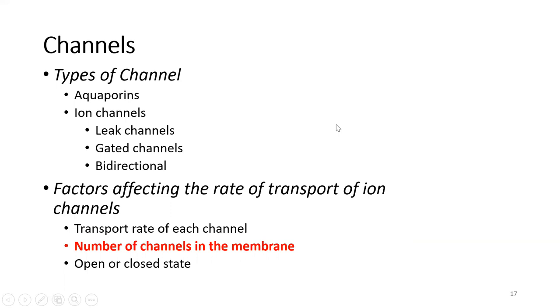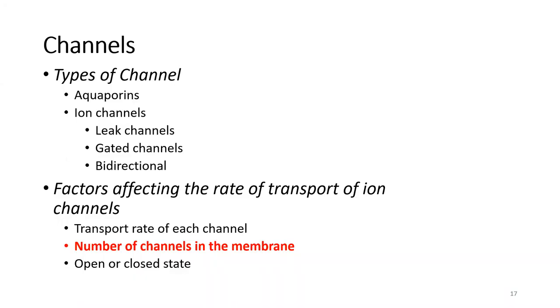Some of the factors that affect movement through ion channels are similar to facilitated diffusion. We have a specific rate for each channel. So a channel can only move a certain number of particles through, and then it can no longer move any faster. The second limiting factor here is the number of channels in the membrane, similar to facilitated diffusion.